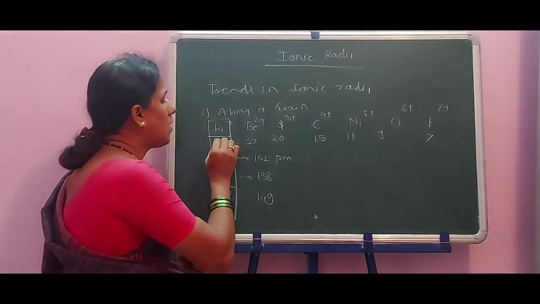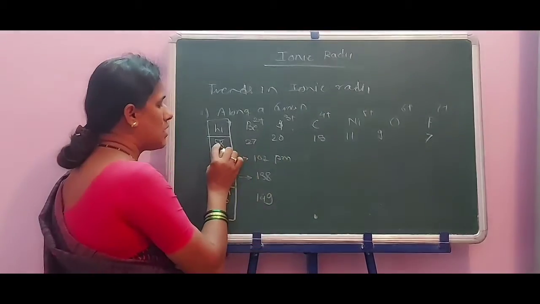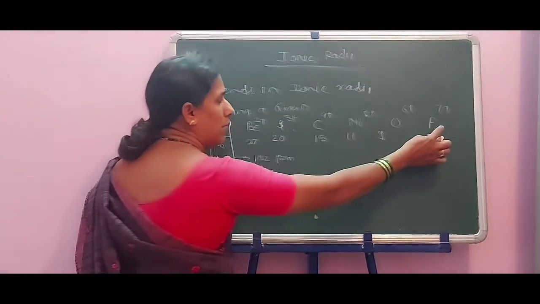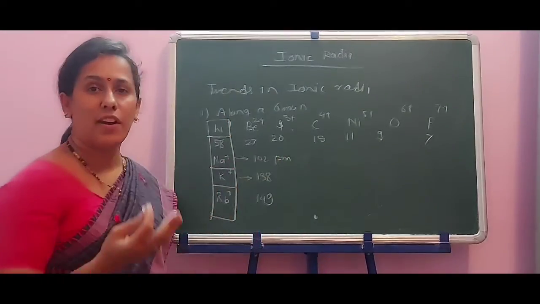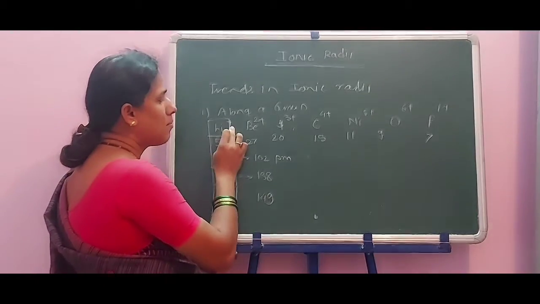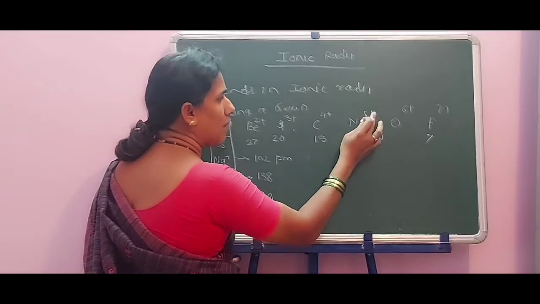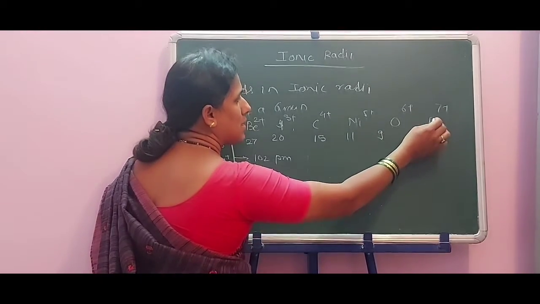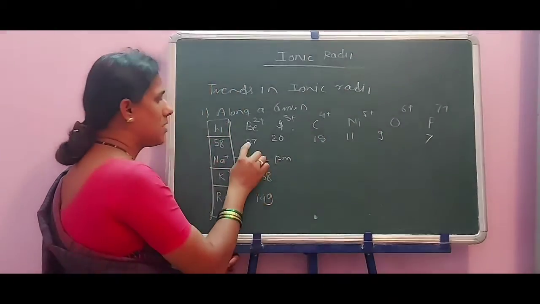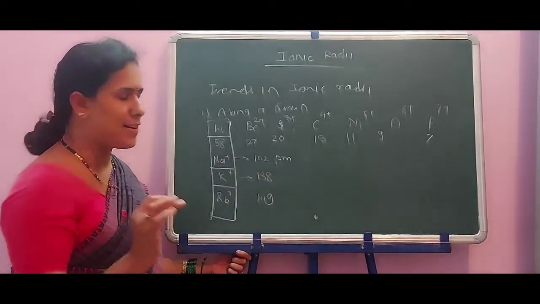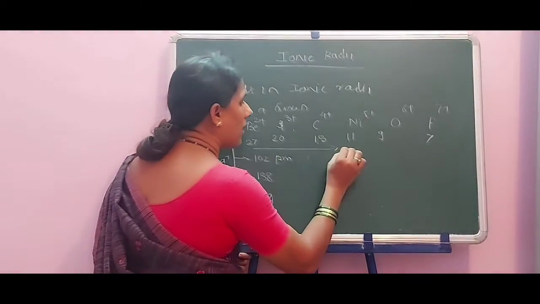When we go from lithium to fluorine with different oxidation states, Li plus, Be 2 plus, B 3 plus, C 4 plus, N 5 plus, O 6 plus and F 7 plus, the values are decreasing in nature along a period.